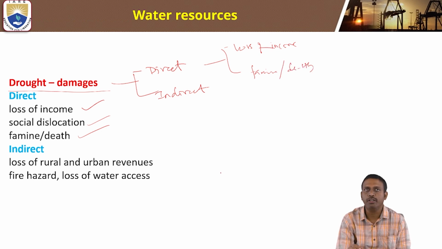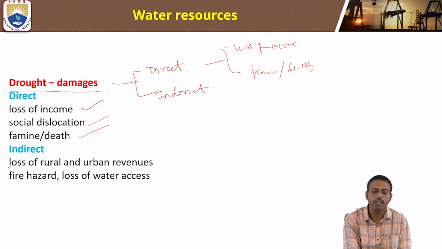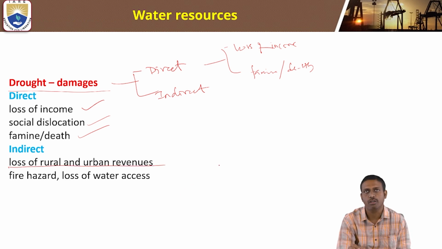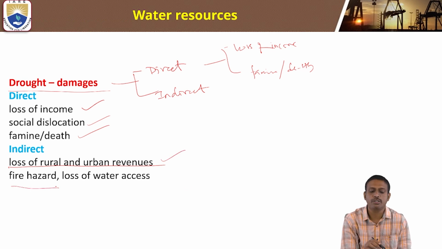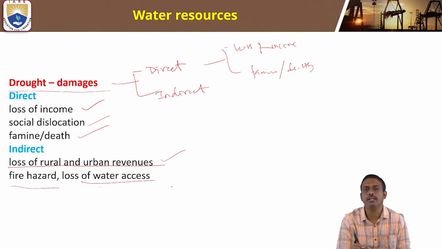Indirect problems of the drought are loss of rural and urban revenues. It also leads to fire hazards and loss of water access. All these are the direct and indirect damages due to the drought.